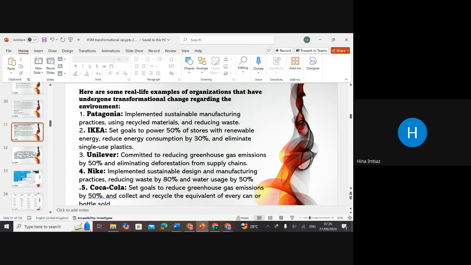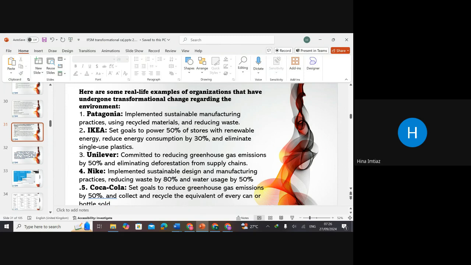What they do is basically recycle the material and reduce the waste. By doing this, they really help the environment and remain successful in reducing the waste which they generate annually. So they reduce their solid waste.